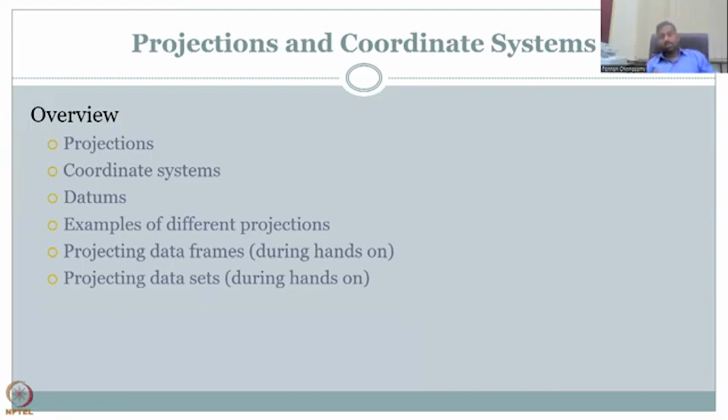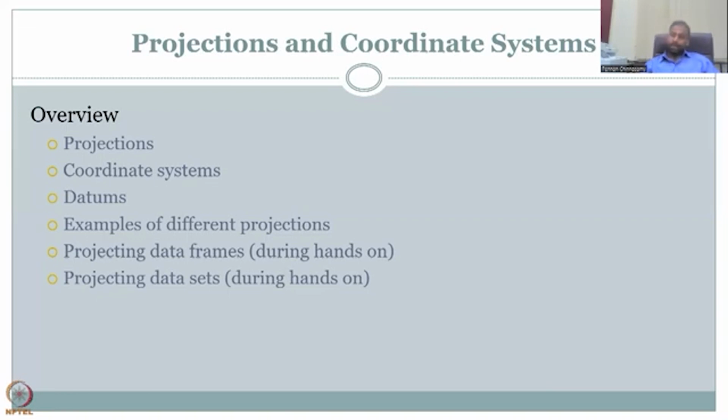Okay, so this will be more discussed when we do the hands-on setup. When I say hands-on, I will also open QGIS and download our data and show you. And in that time, we will look at the data frame and how you can convert the projections, etc. So already we have seen some of it in the previous examples.